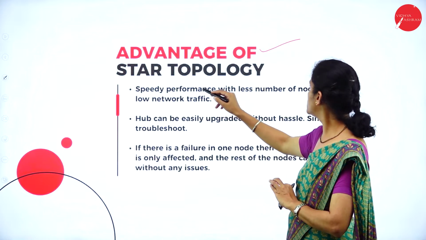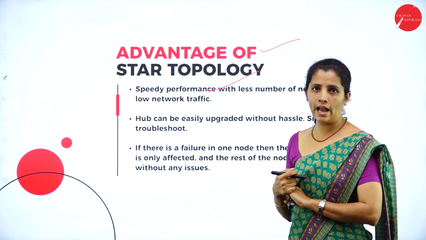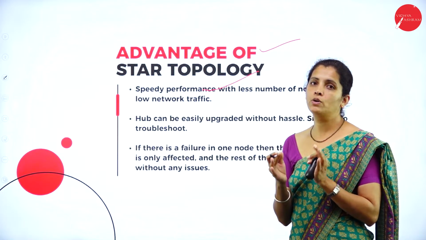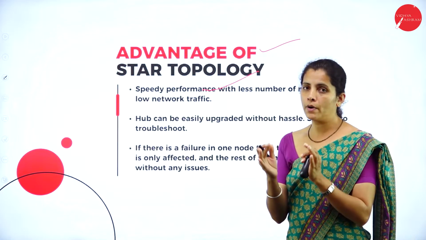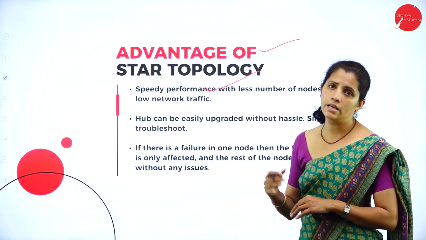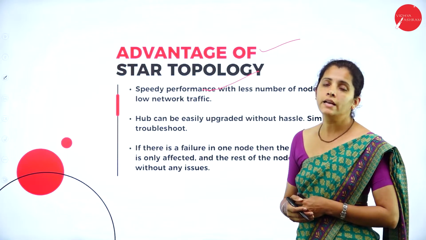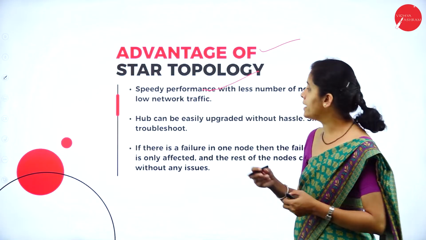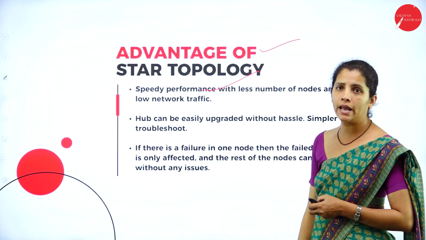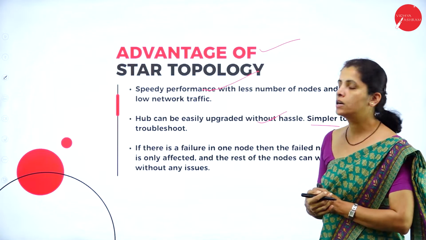Now let me discuss the advantages of star topology. Speedy performance with a small number of nodes and low network traffic. By using star topology, we can connect a minimum number of systems. When I have a minimum number of systems, it increases the speed of performance and there is very low network traffic. The hub can easily be upgraded without hassles, and it is simpler to troubleshoot.